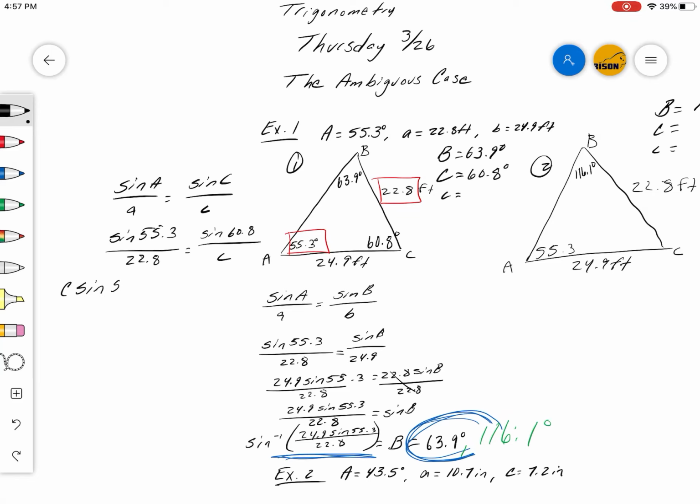Cross multiplying should get me C sine of 55.3 is equal to 22.8 sine of 60.8. We'll divide by sine of 55.3.